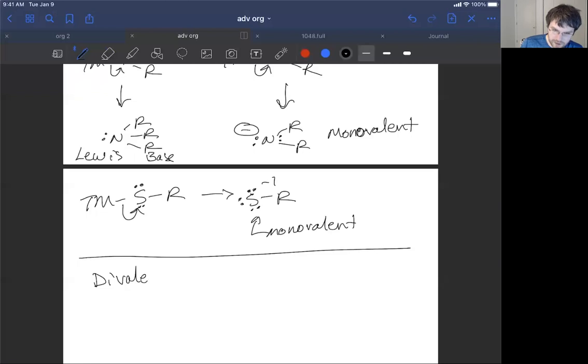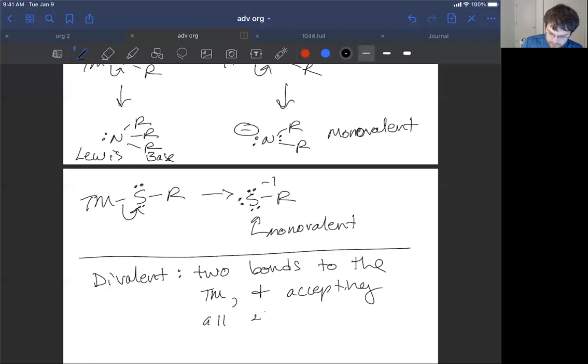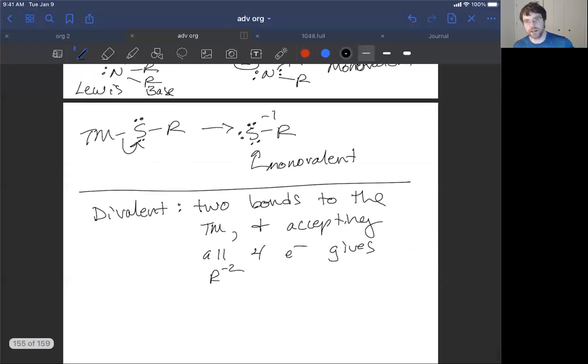What we should now consider are divalent ligands. Divalent ligands have 2 bonds to the transition metal, and accepting all 4 electrons gives some R group with a -2 charge. So just like the monovalent, what we do is we give all the electrons back to the ligand and see what its charge is.